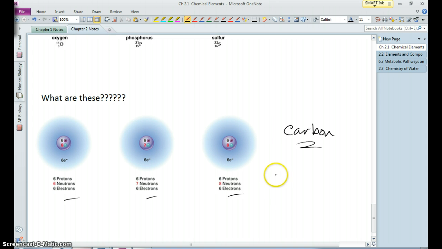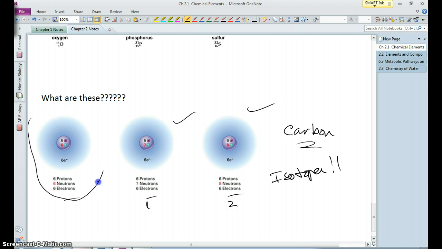They're called isotopes. Isotopes. And so this isotope has 1 extra neutron, and this one has 2. And so these atoms are literally heavier than our typical type of carbon.